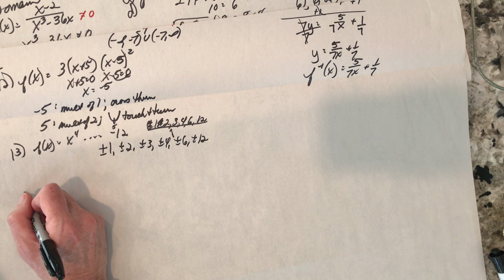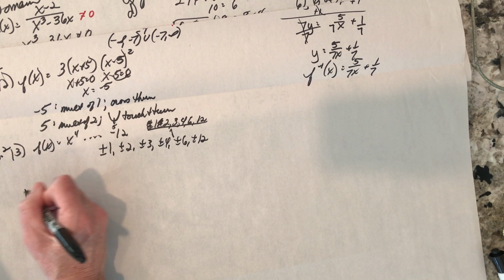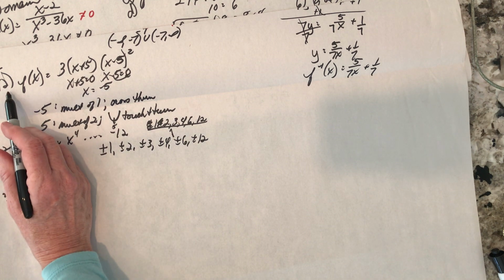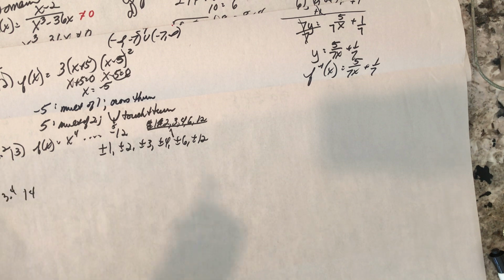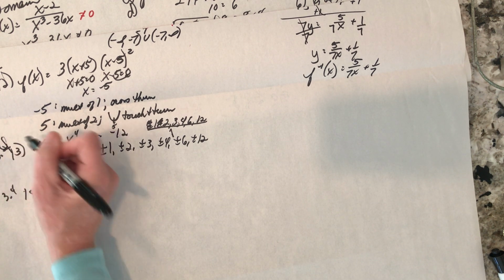Number 14, let's see, 13 comes from section 3.2. Number 14 comes from section 3.4 and is asking you to use the rational zero theorem to list, we just did that. I have a different numbering system on this sheet than what I've done for you guys, so it's a little bit confusing. So 13 is that, and that is 3.4.